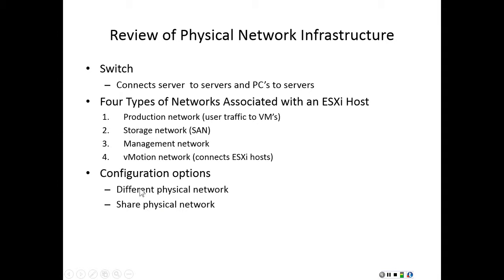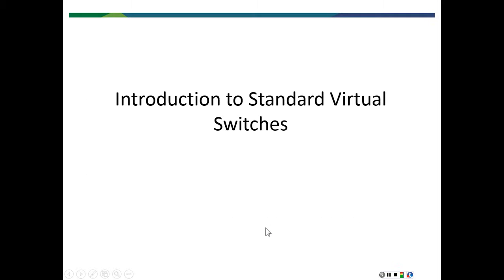We can have all of these different types of traffic on separate physical networks, or they can be all on the same physical network. And this is all true for the physical network infrastructure, and it's also true for the virtual network infrastructure. So let's move on to discussing vSphere standard virtual switches.